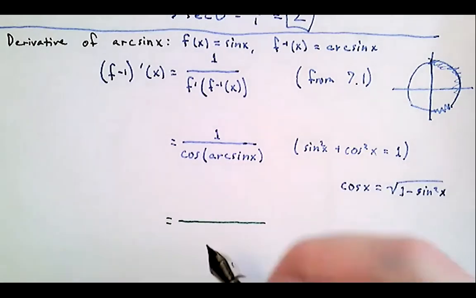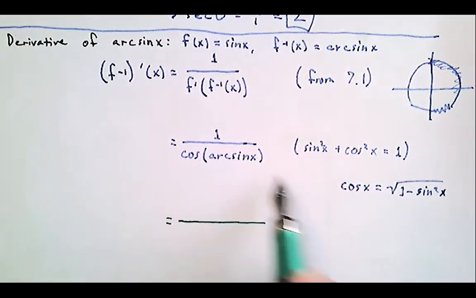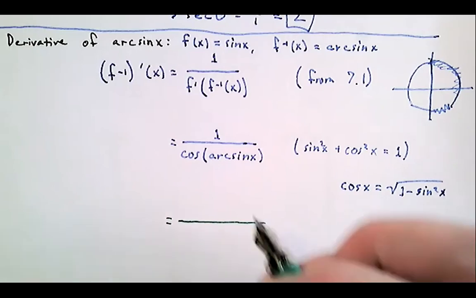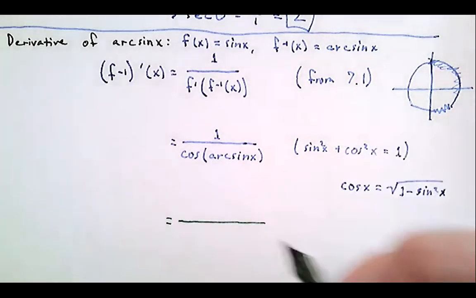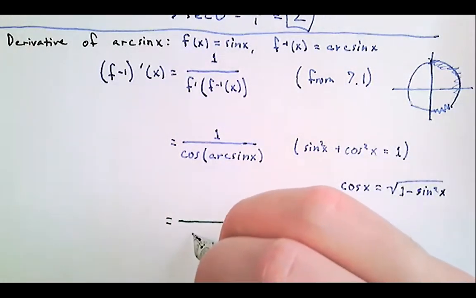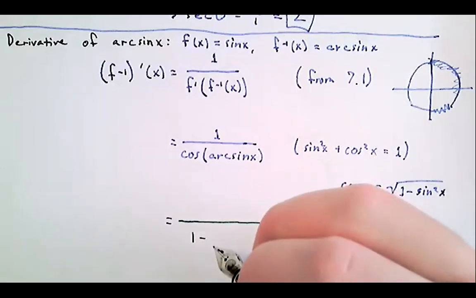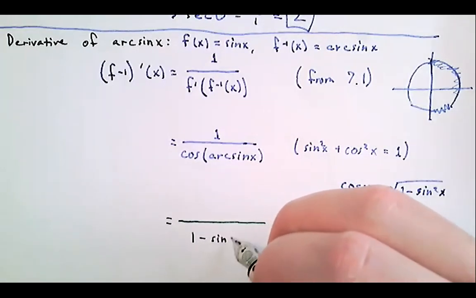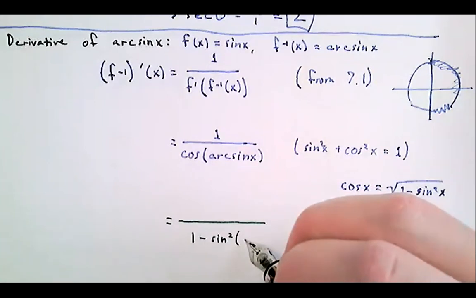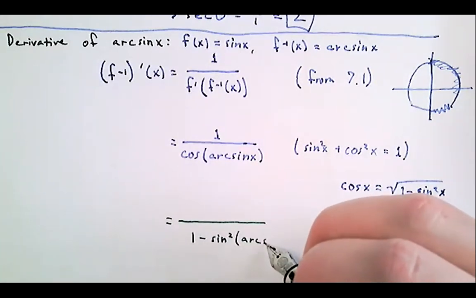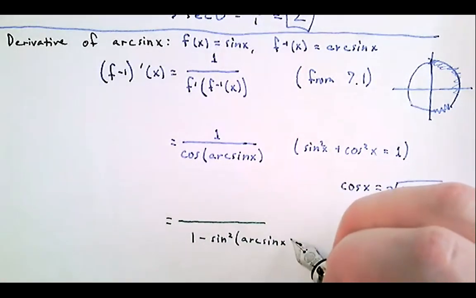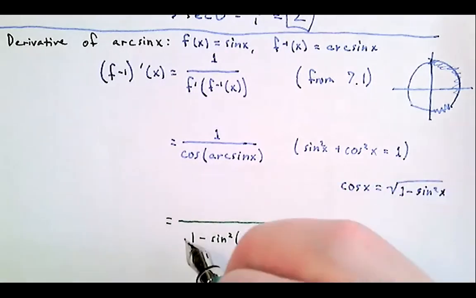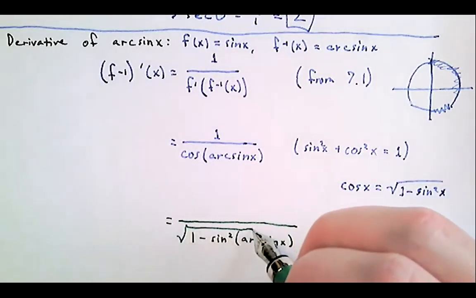So instead of cosine, I'm plugging in arc sine of x here, where this x is. And that's all underneath the square root.